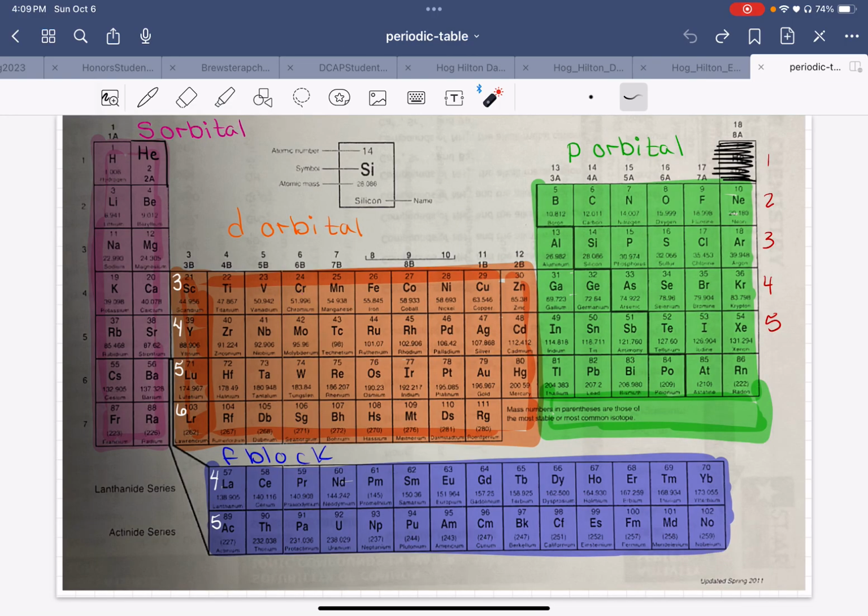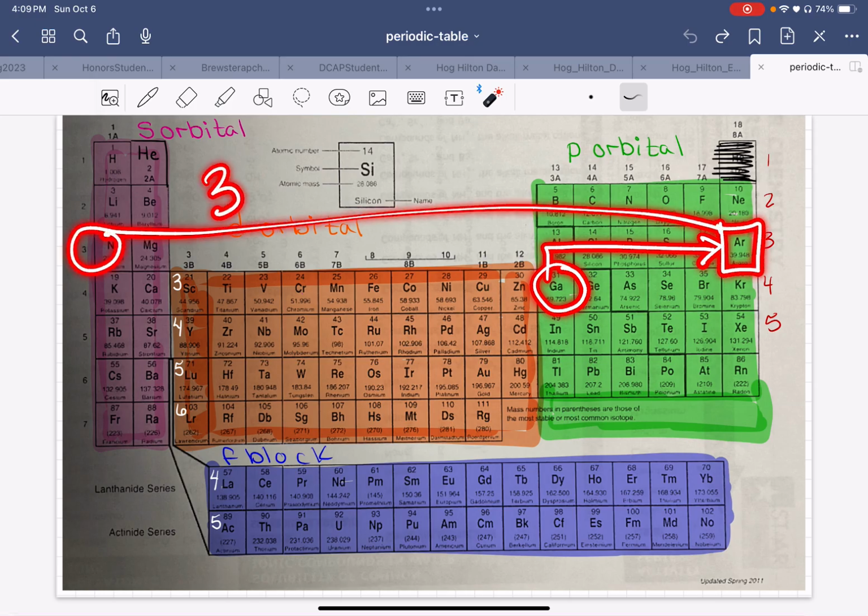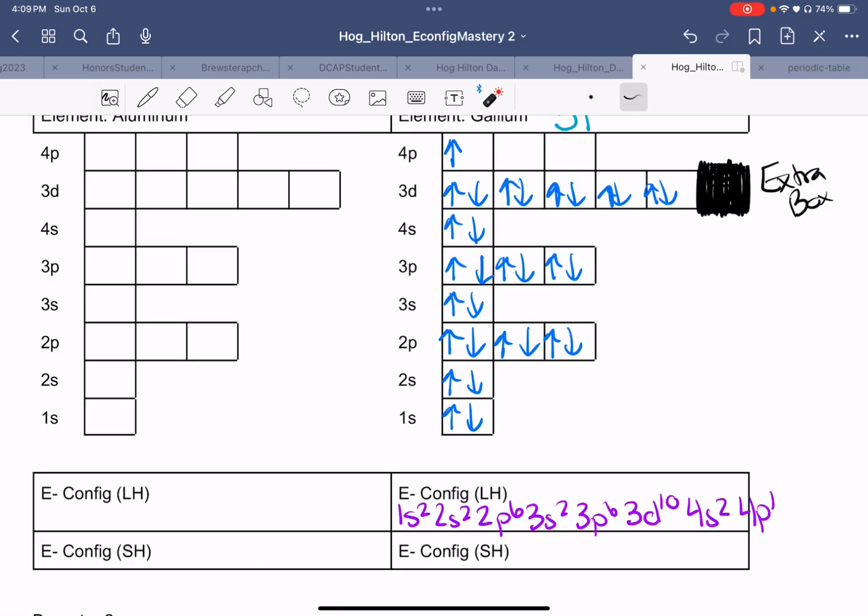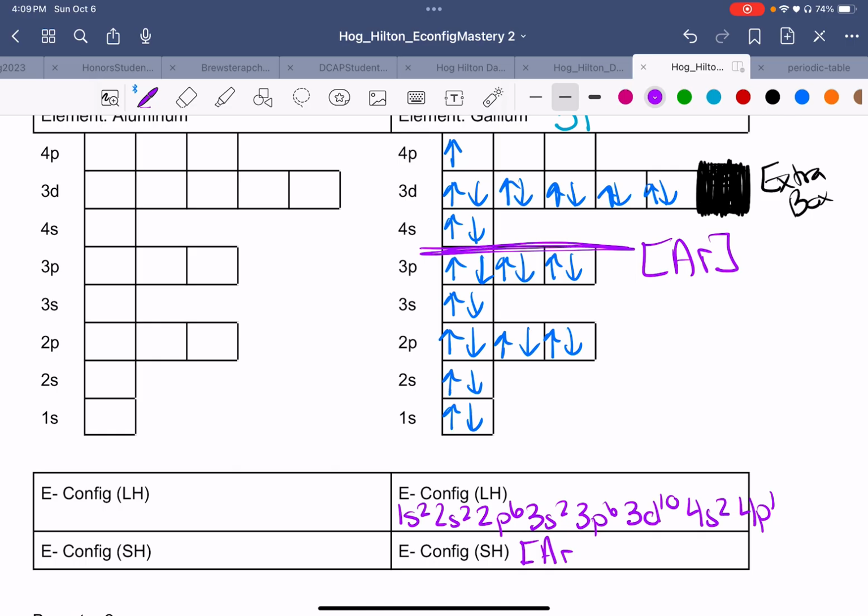Shorthand. Here's gallium. Up, over, argon. Argon is on row 3, so 3p6 is where I need to draw my line. 3p6 is right here. And this is where you're going to see the shorthand. Argon. Now, again, we got to write 3 before 4. So 3d10, 4s2, 4p1.